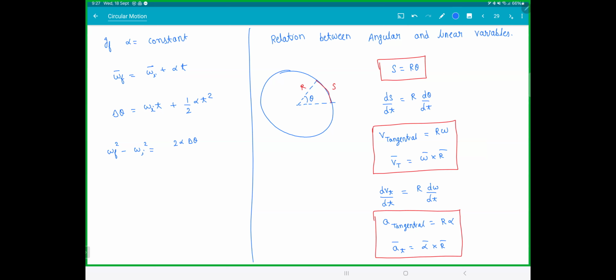Any doubts on this? Clear? Any doubts on this?